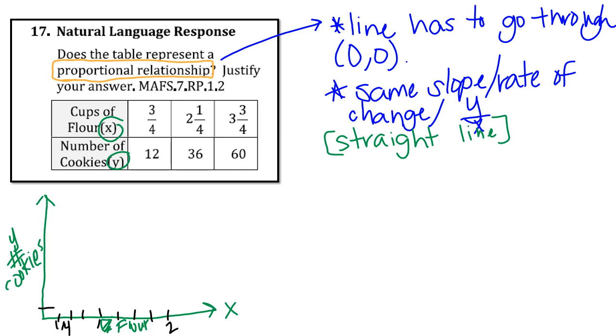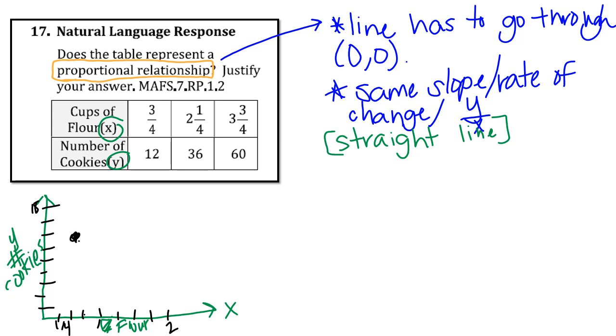And then I have 2, 4, 6, 8, 10, 12, 14, 16, 18. And I could go through and I can plot them. I could say, okay, 1/4, 2/4, 3/4. I'm going to go up to 12. And it's about there. And I'm going to graph each of those. I could do that if I wanted to. That's probably not the most efficient way when I have a table.